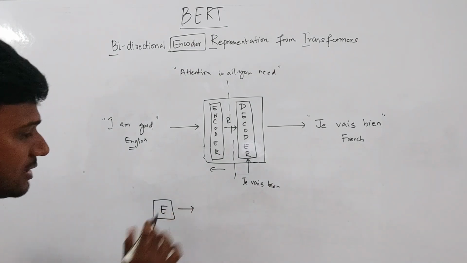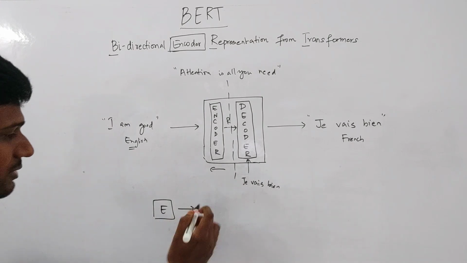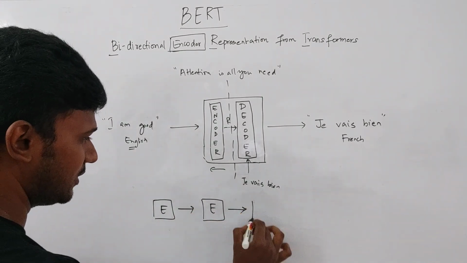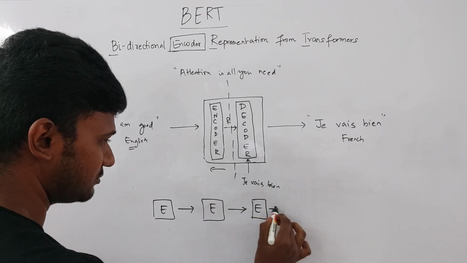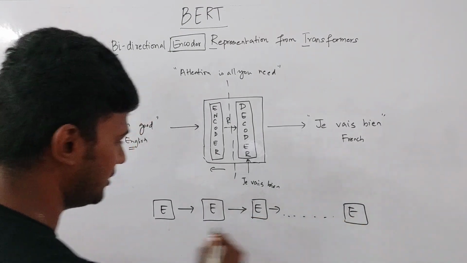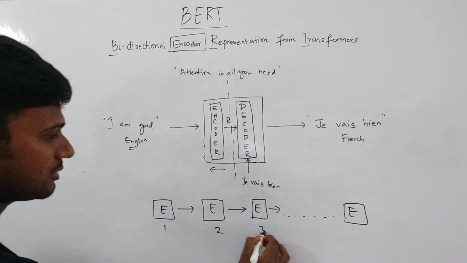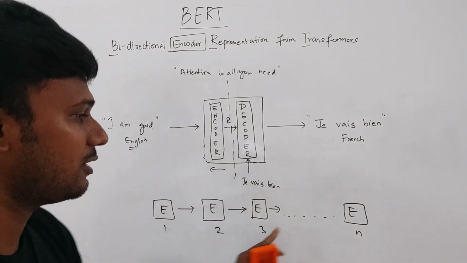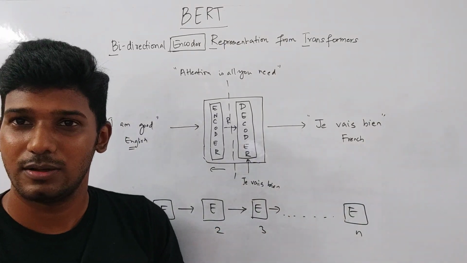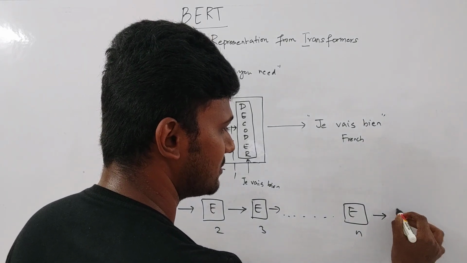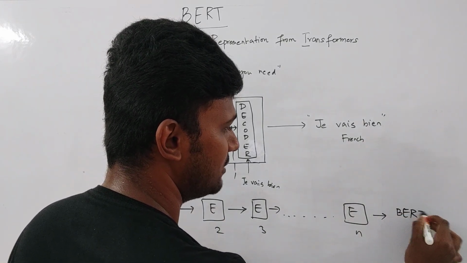Let's assume this is an encoder, where E stands for an encoder, and on top of that we have another encoder, and on top of that some other encoder, and let's say we have n encoders here, so this is 1, 2, 3 up to n. When we stack multiple encoders on top of each other, it gives a representation. That representation is basically called BERT.